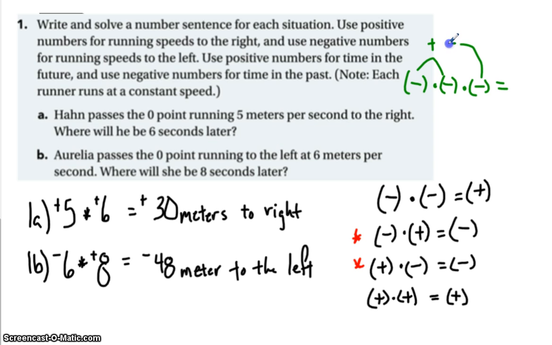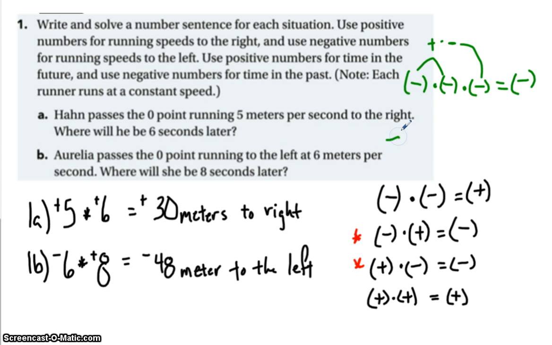Okay, so these two negatives would make a positive times this third negative, and so our answer would be negative. Again, illustrating the point that an odd number of negative signs leads to a negative answer.